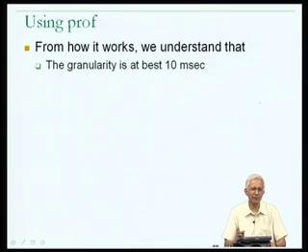The net effect is that the granularity of this profiling mechanism can at best be viewed as being 10 milliseconds. It's not capable of giving me a finer picture of how the execution time is being divided across the different functions of the program.